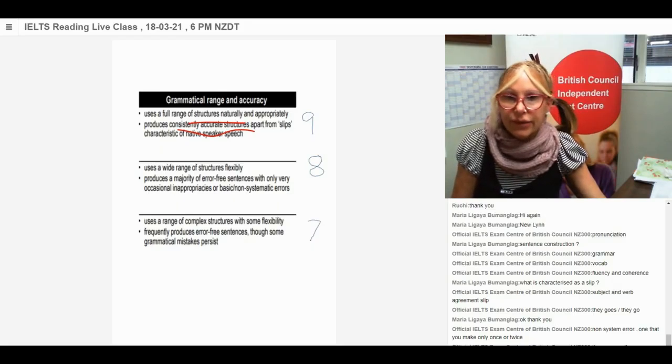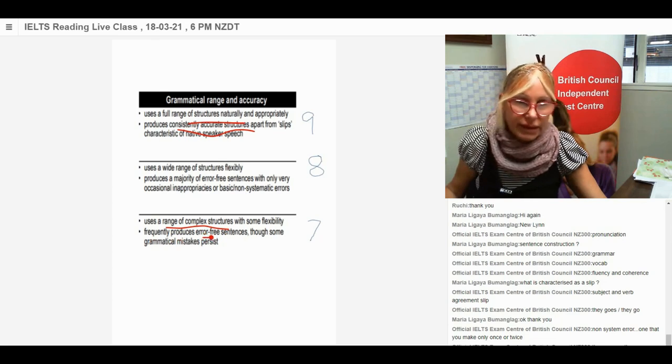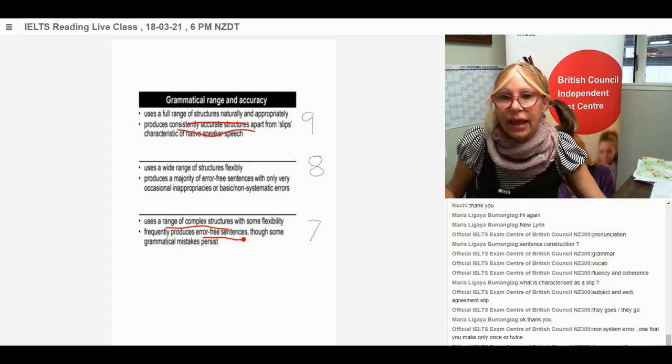Okay, so for a band 7, it's a range of complex structures with some flexibility, and then frequently produces error-free sentences.